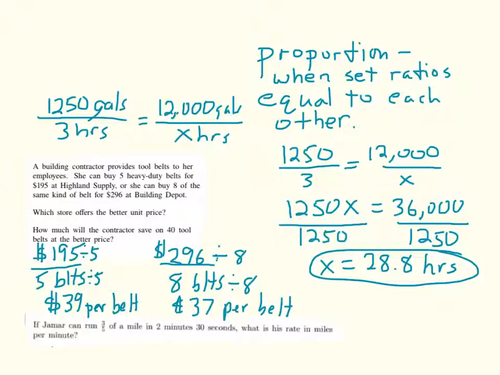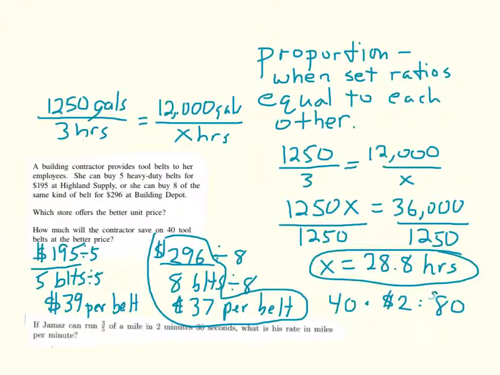So that makes this one the better buy. And it then asks, how much will the contractor save on 40 tool belts at the better price? Well, since there's a $2 saving, that would be 40 times 2, or $80 saved. All right.